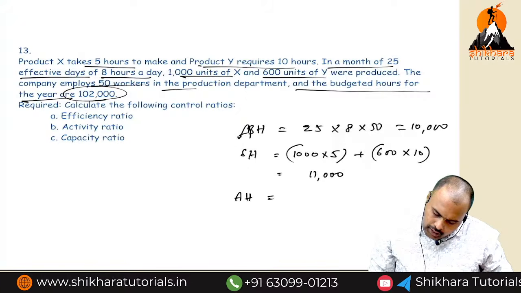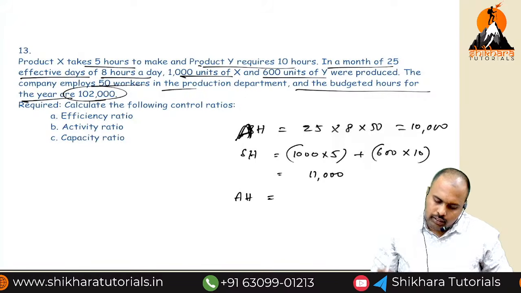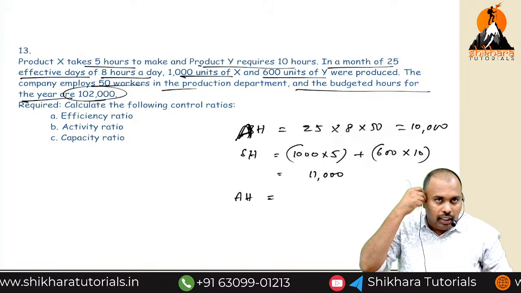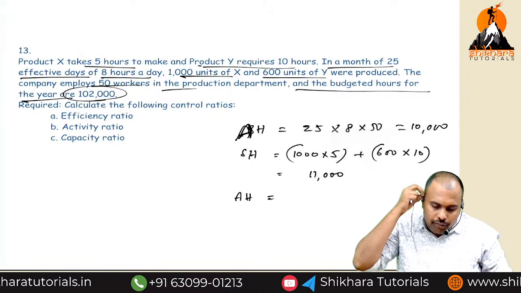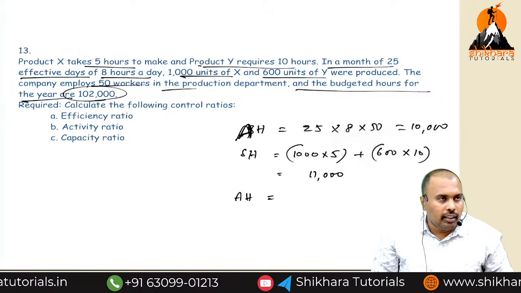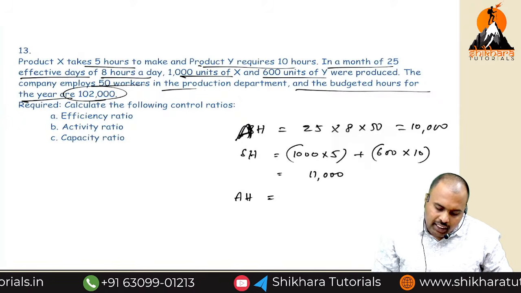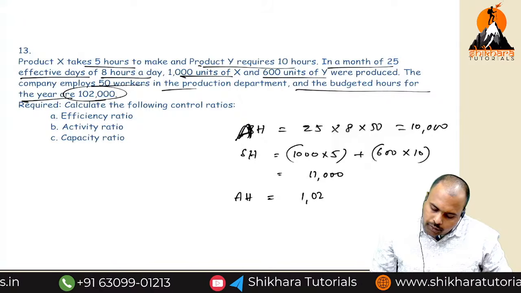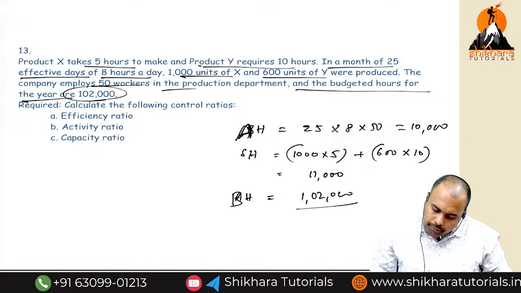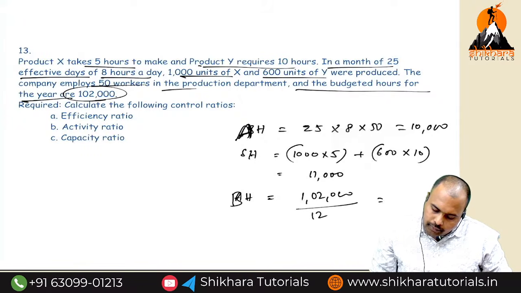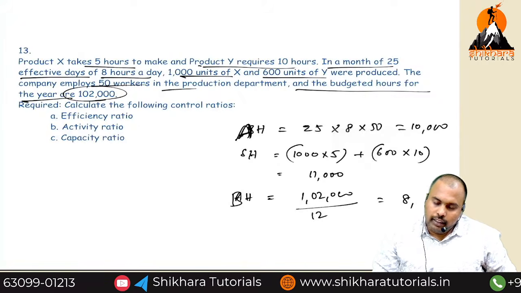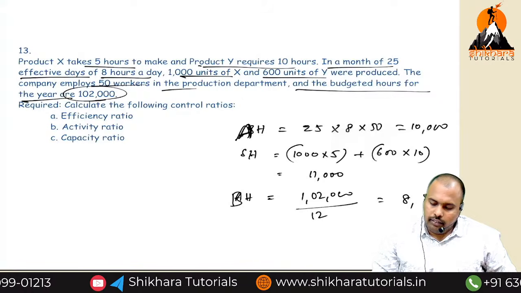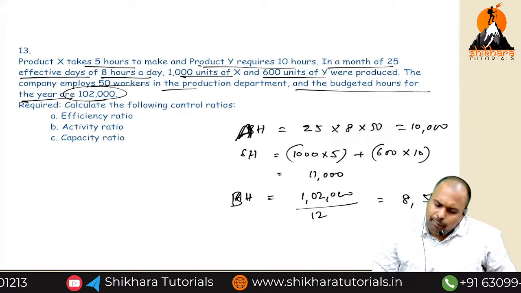So this we can take as AH, because actually 50 workers are working for 25 days and 8 hours. And they have given budget hours for the year as 1,02,000. So 1,02,000 by 12, BH is 8,500. Clear?